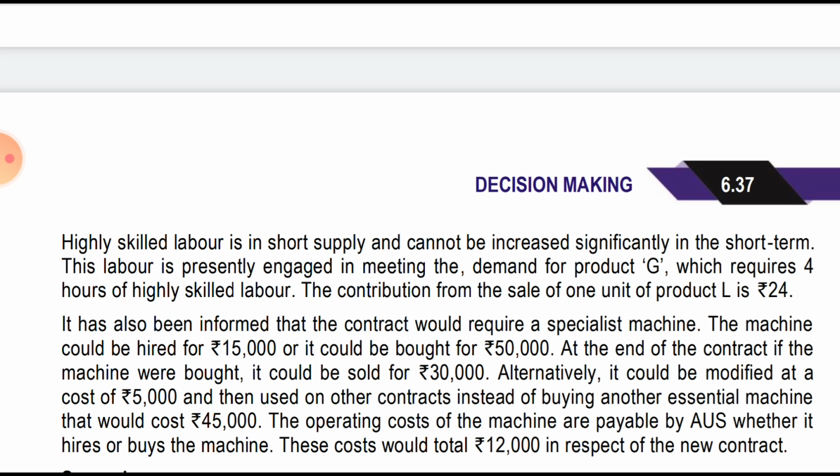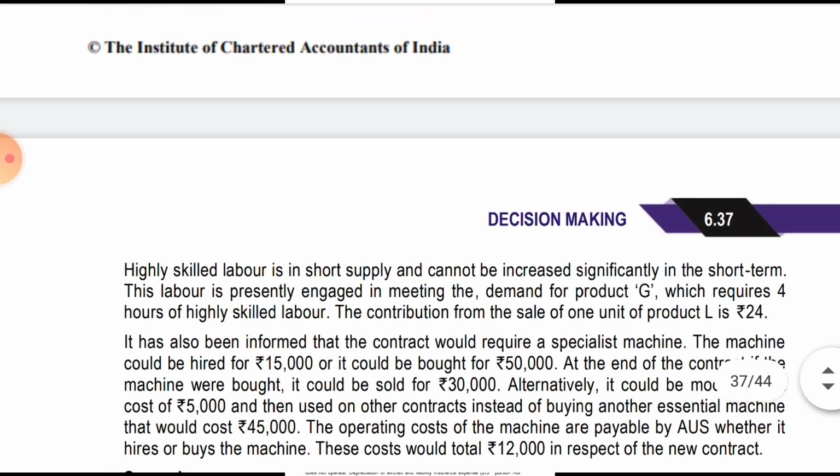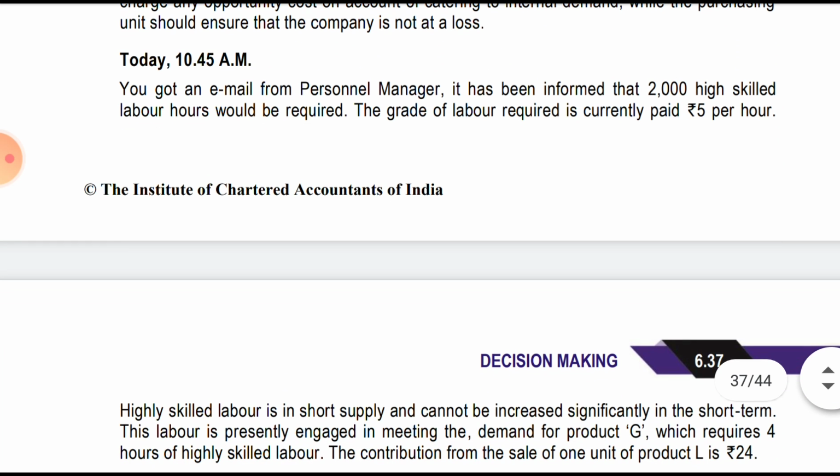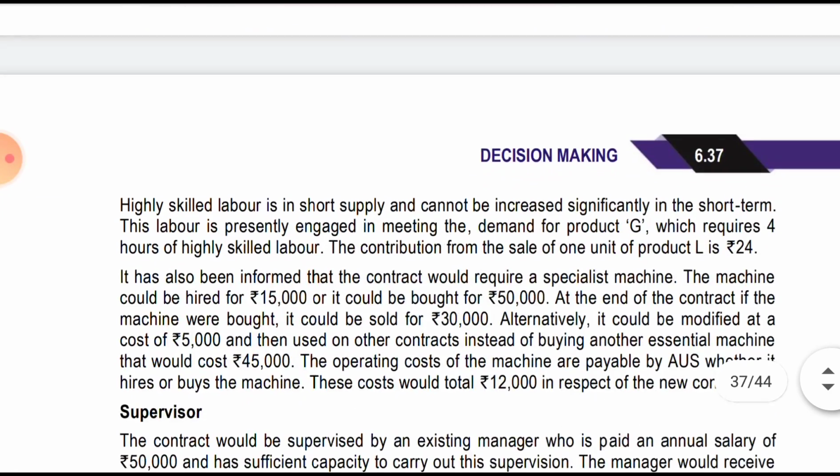So 24 divided by the 4 hours it requires, it will amount to 6 per hour. So we have 5 per hour cost plus 6 per hour, it is 11 per hour, which will be multiplied by 2,000 skilled hours. So 11 into 2,000 is 22,000.